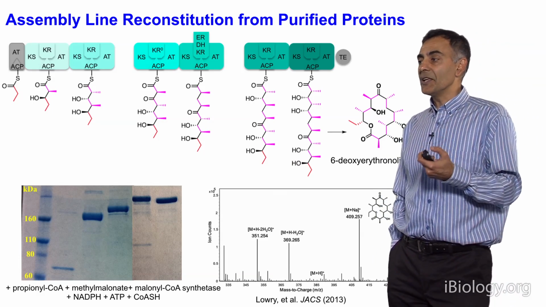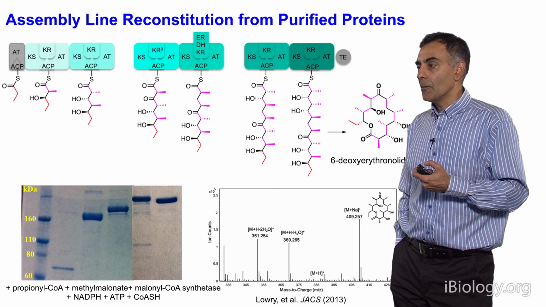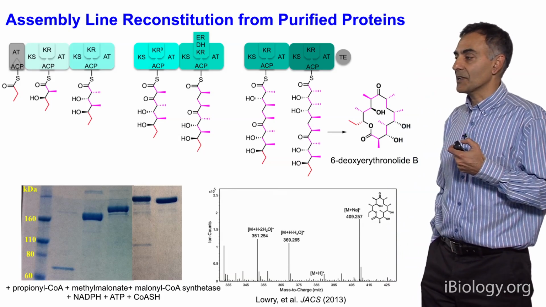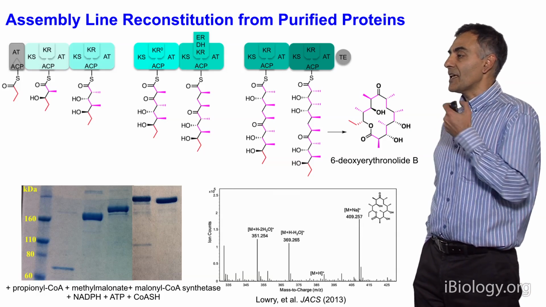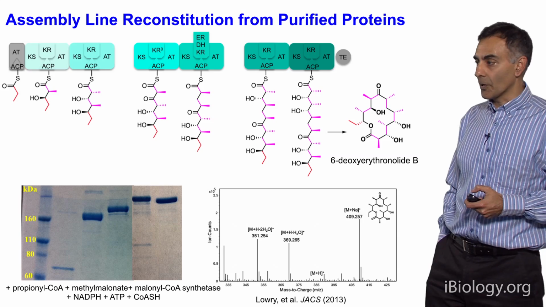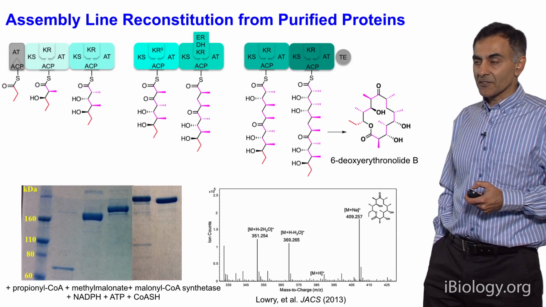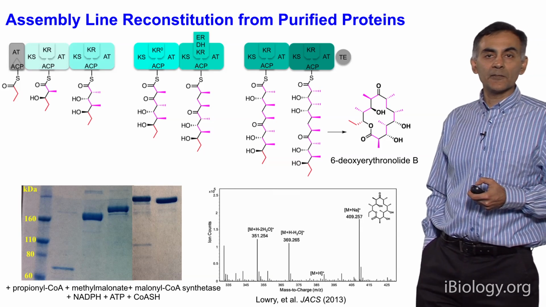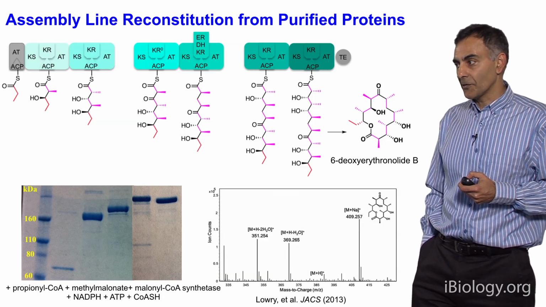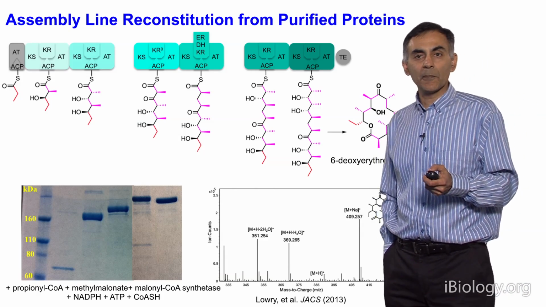And so when you put these 5 proteins, which have been purified, together with all these precursors in a test tube, you see 6-deoxyerythronolide B, and what I show you on the lower right is a mass spectrum of the product that has been synthesized in a biochemical equivalent of an earth, air, water, fire type of an experiment.